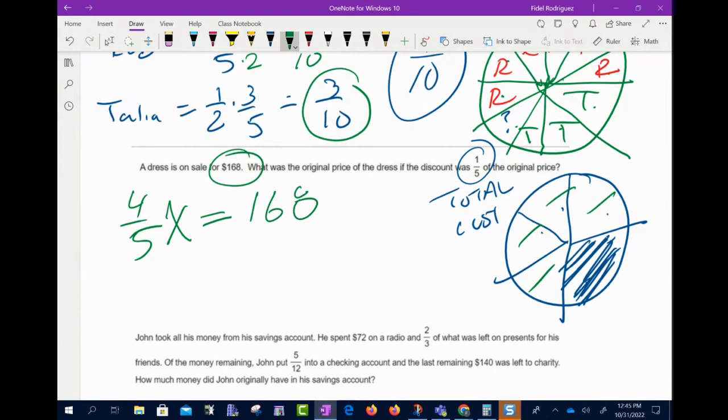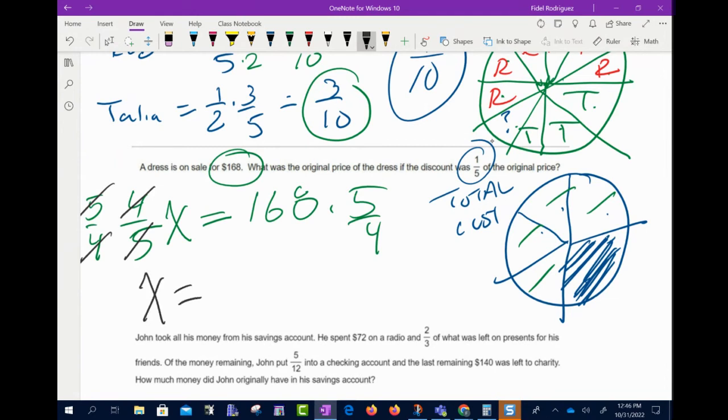What I'm trying to do is find the total cost. Again, the way I would show this to a 7th grader or an 8th grader is I'd say, look, if I have 4 over 5, let me multiply by my reciprocal, 5 over 4, okay? So that I know that this 4 on the bottom will cancel with that 4 on the top, and that 5 on the top will cancel with that 5 on the bottom.